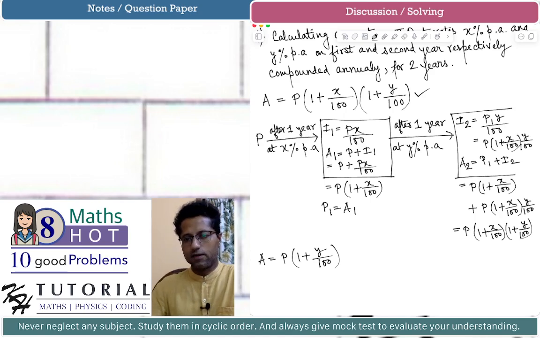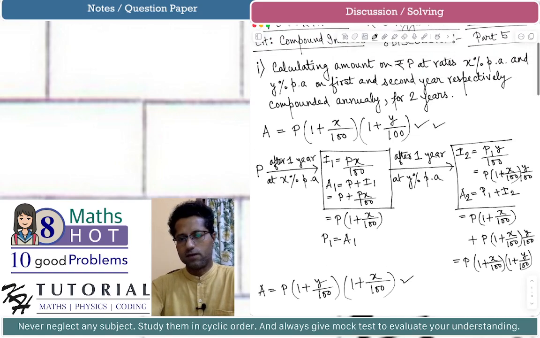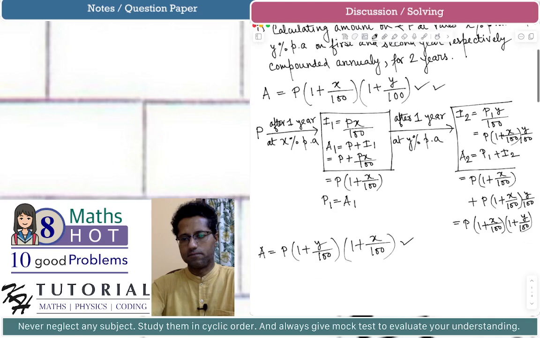And at the end of the second year the rate is x% per annum, so the amount will be, this is the current principal, and we have to multiply by 1 plus x by 100. Now clearly these two are the same. So if the order of the rates is changed for case 1, the formula remains the same.